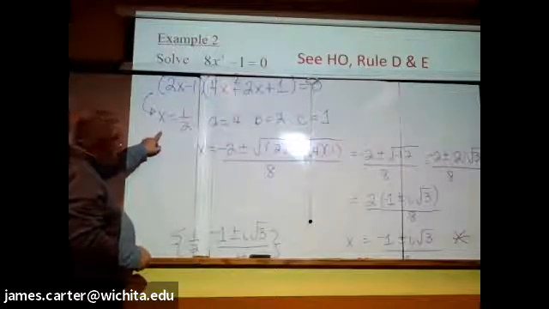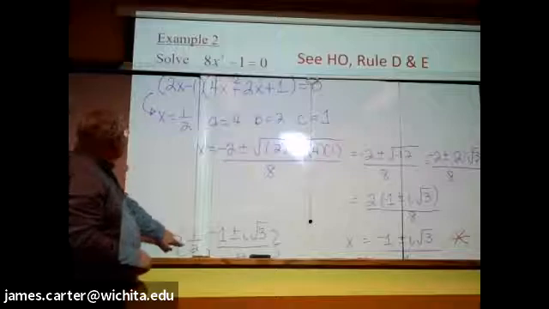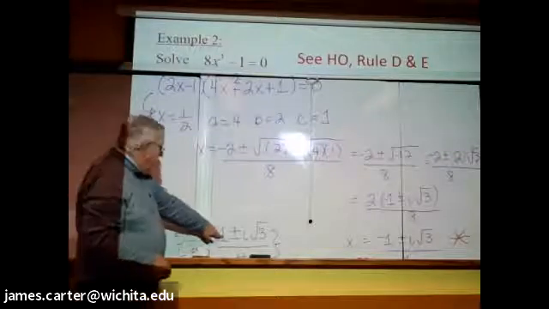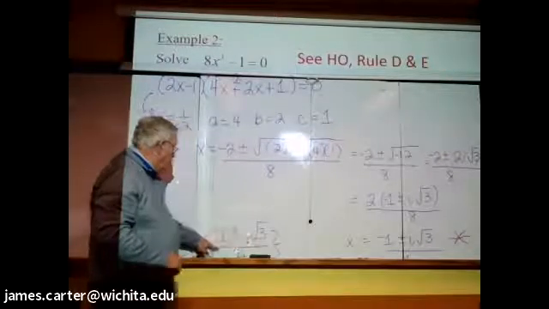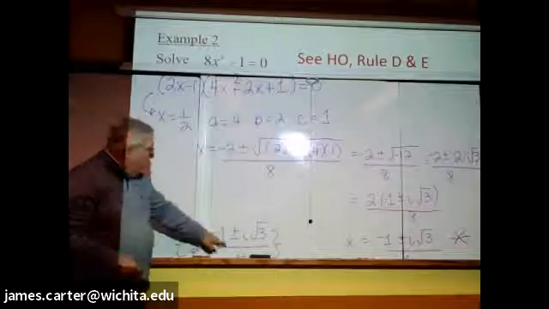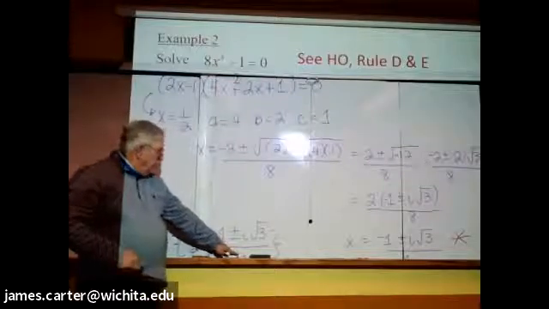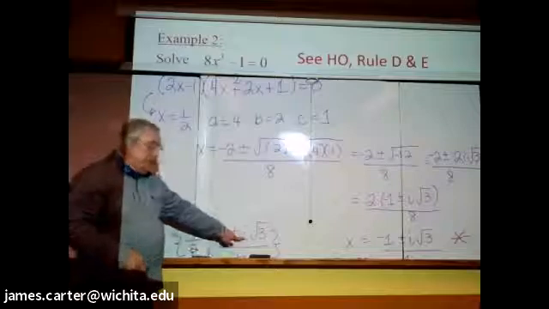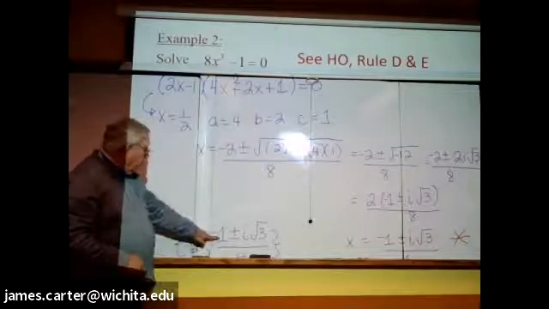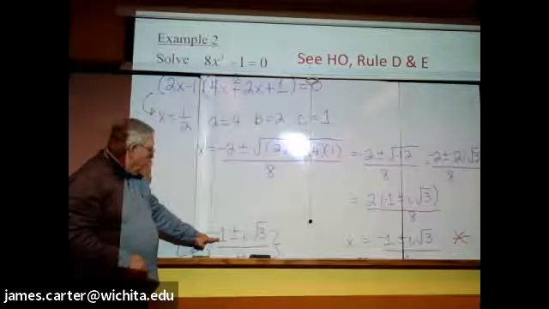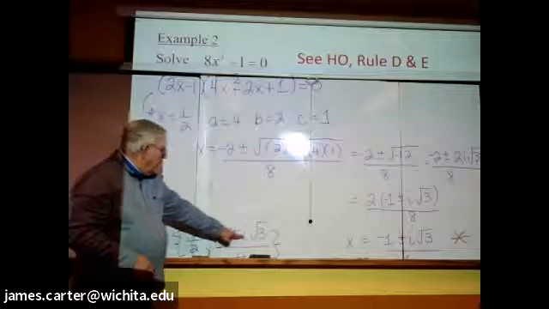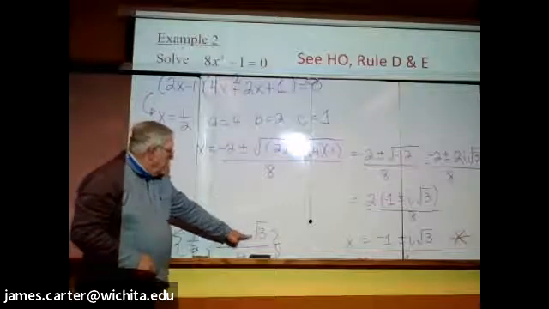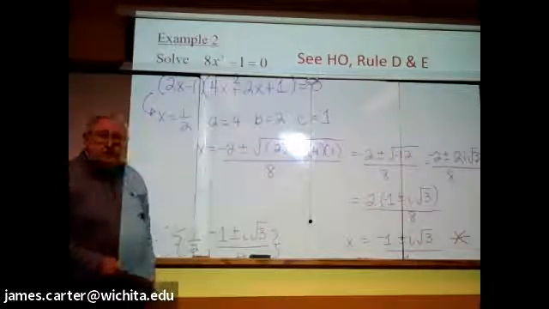So, what is my answer? 1/2 is one solution, and this is my other solution. Why, there's a problem with this though. That is not in A plus BI format with an I in it. So I would have to make this -1/4 plus or minus 1/4 I radical 3.